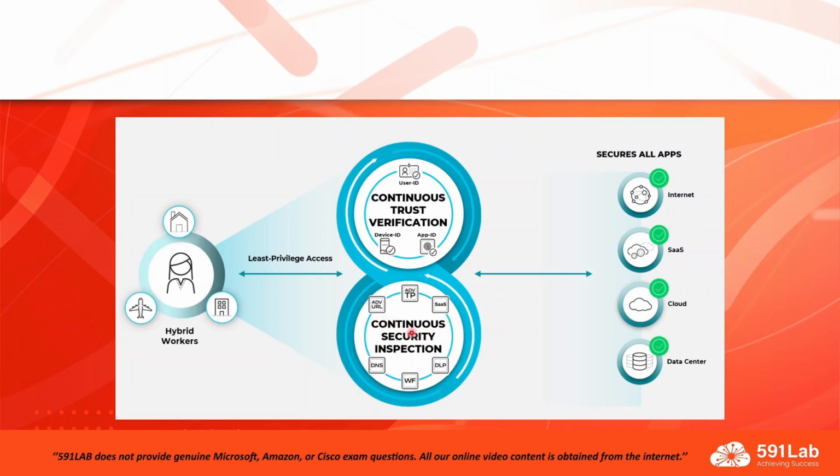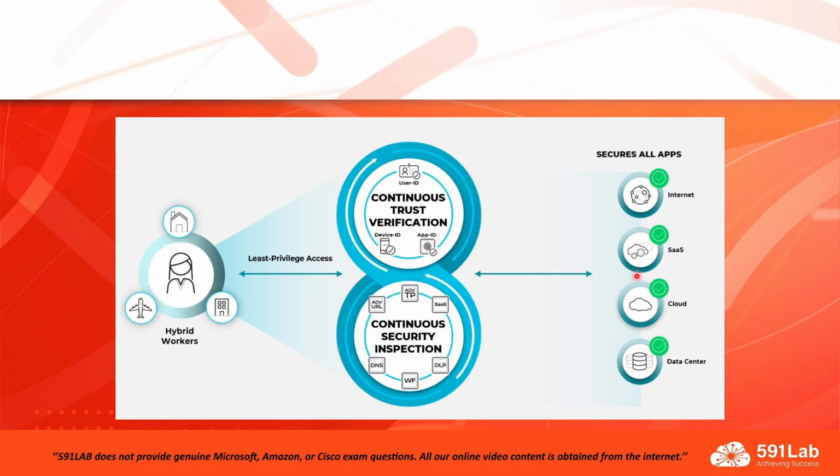It will be continuous security inspection using several modules like URL filtering, threat prevention, DNS security, WildFire for sandboxing, DLP for data loss prevention, and even SaaS application security. Then the traffic coming from the hybrid workers will be secured for all applications.